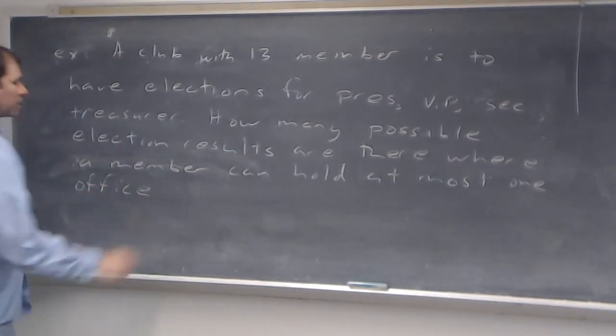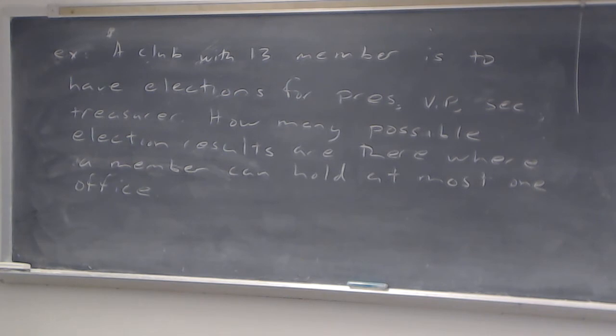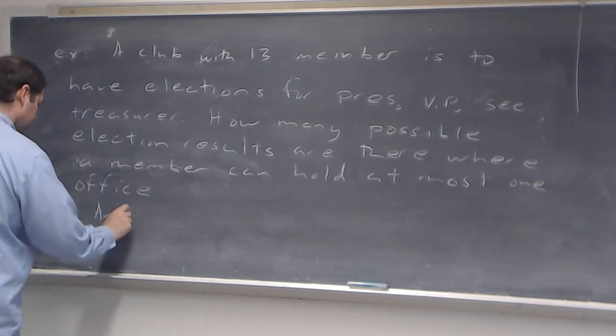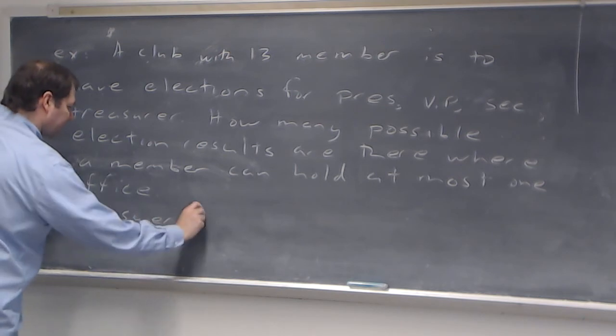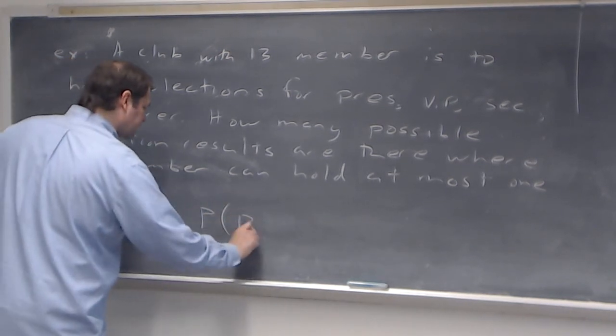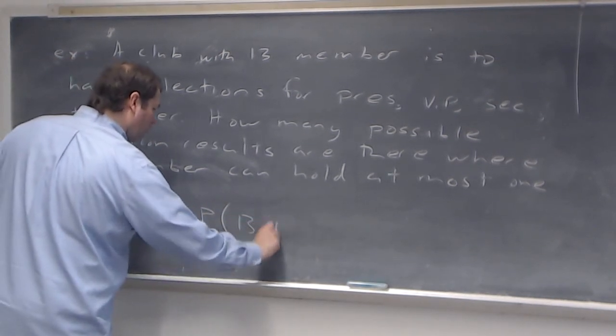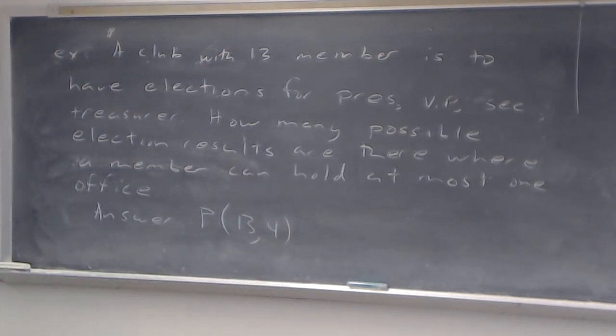Okay. So here the answer is a permutation of 13 objects taken 4 at a time. And so we're thinking that order is distinguishing, and that's why we're using permutations.